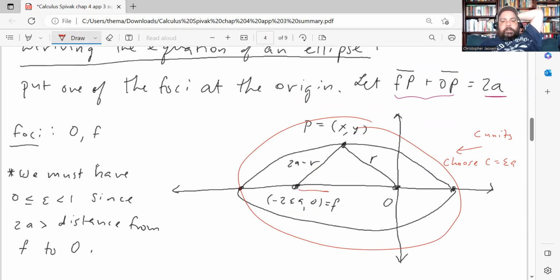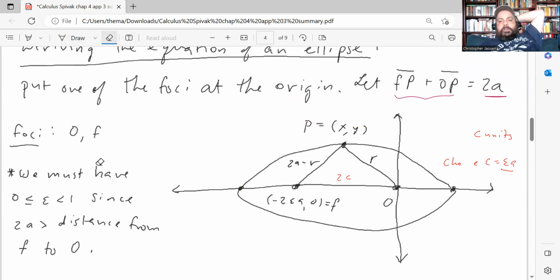Because the distance here is 2c, which means that this point here, if we choose c to be epsilon a, will be negative 2 epsilon a. So it's the exact ellipse if we do that.